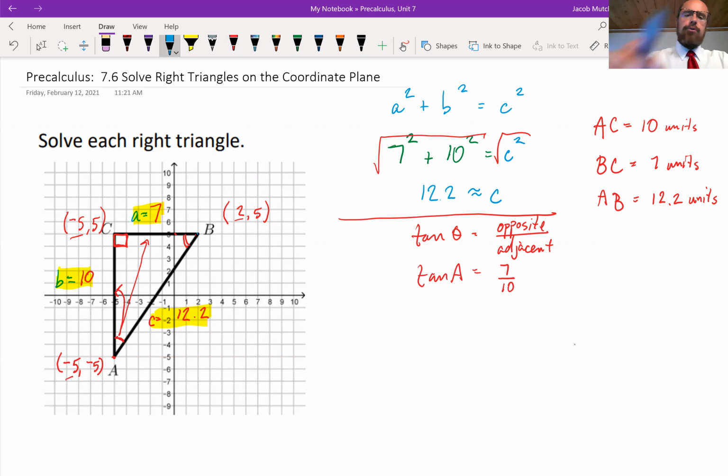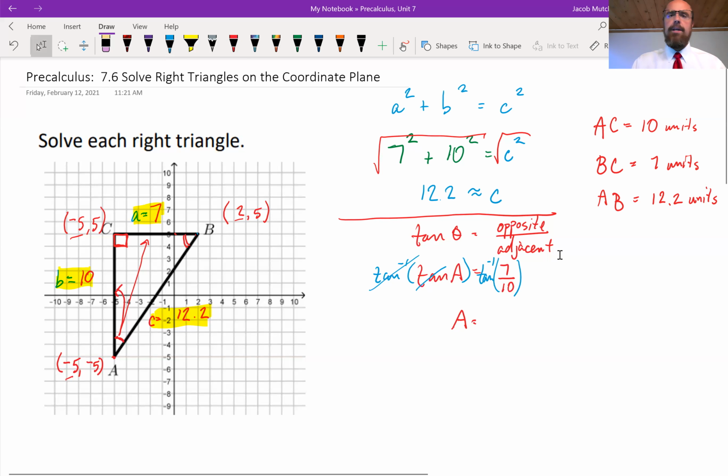And then to capture the angle, I'm going to take the inverse tangent of both sides. What that will do is cancel the tangent function, and we'll just have A on the left. And then my expression that is going to actually give me my angle A is inverse tangent of 7 over 10. So I'm going to take that to the calculator, inverse tangent of 7 over 10.